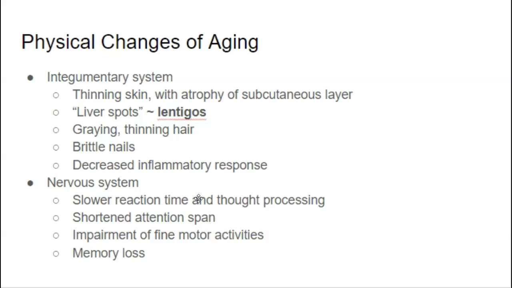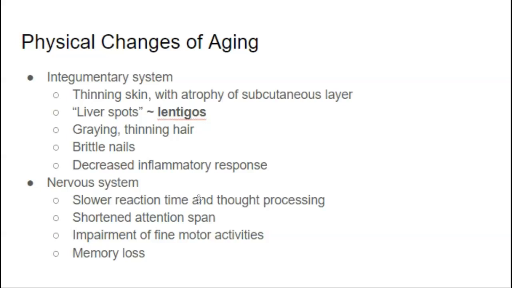The nails can get dry and brittle. The body also doesn't have the same inflammatory response, which is part of the immune response. That's why geriatric patients are a little more prone to autoimmune diseases, infection, and even certain cancers.